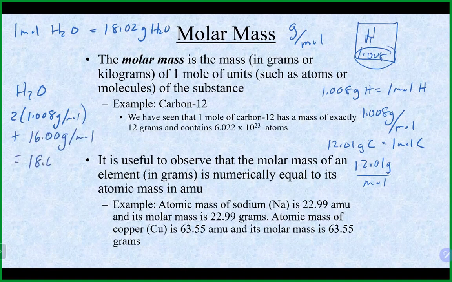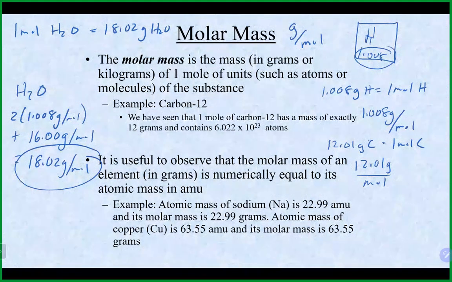And that gives us our 18.02 grams per mole as the molar mass of water. So when you go to calculate the molar mass of a molecule or a compound, you basically just go to the periodic table, you add up all the parts that are there, and that would be how many grams there are per 1 mole of that particular substance.